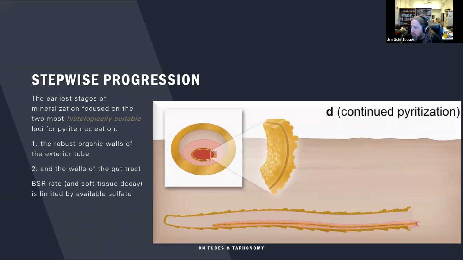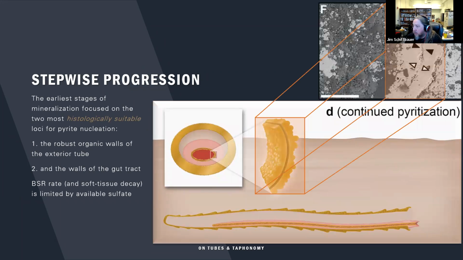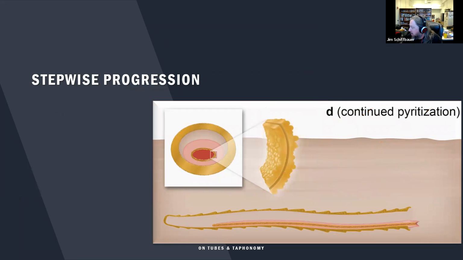We see that continued pyritization, like I showed earlier, growing centripetally and centrifugally from the gut wall, and that's effectively what we're showing again here. As that continues to grow, we get a structure that is relatively robust, that's not going to get compressed too much or destroyed.